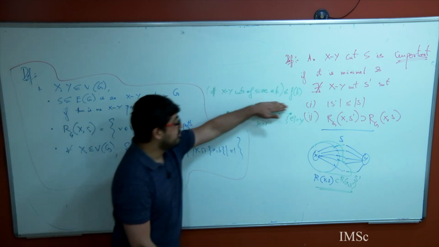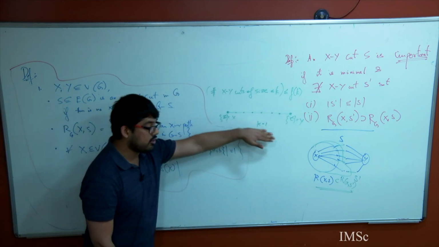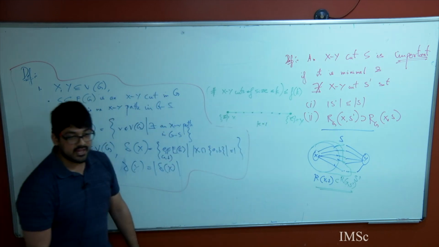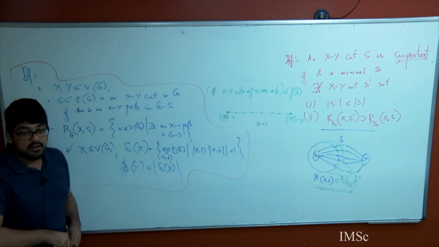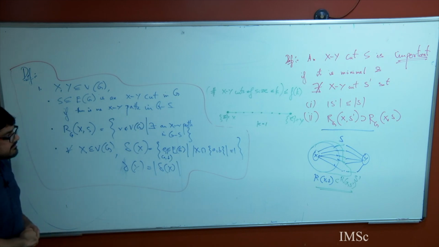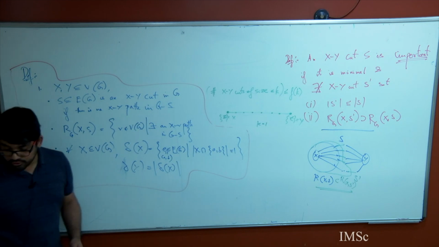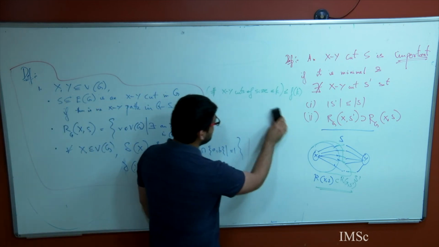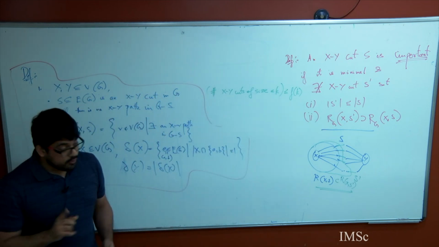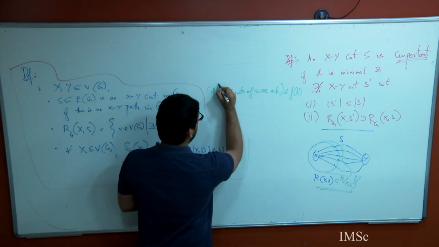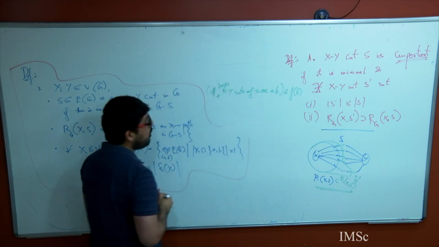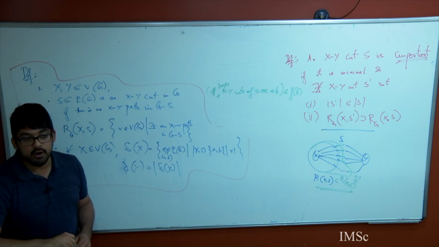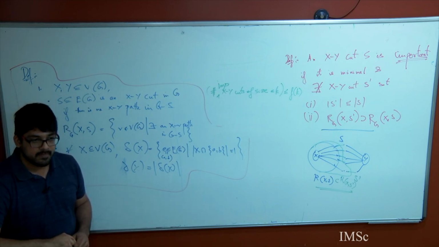If this were true, that would have to be a constant, but clearly it depends on the size of the graph, because you can make this path as long as you want. So this is not true. However, we will be able to prove that the number of important xy cuts of size at most k is indeed bounded by some function of k.